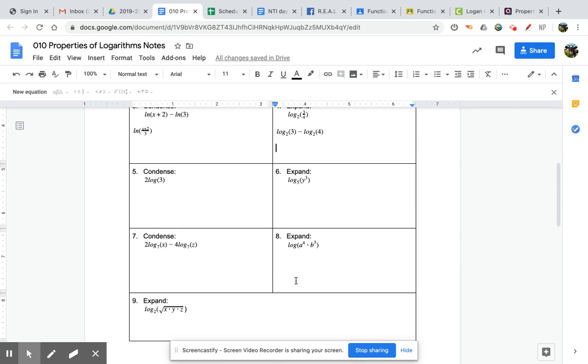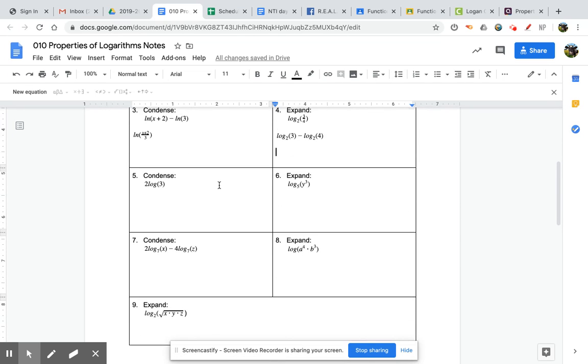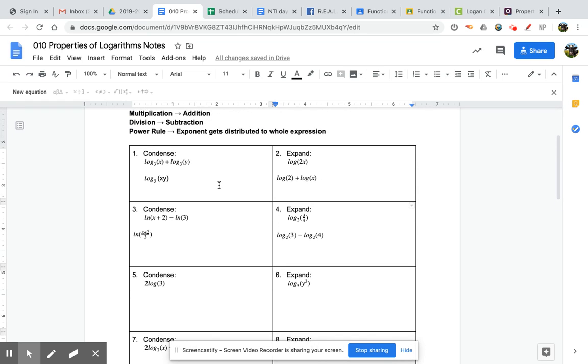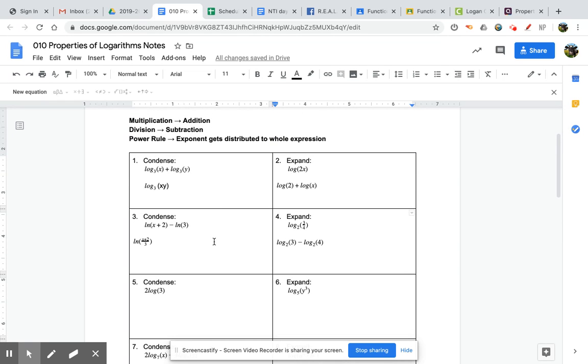Okay, number 5 is kind of our last exponent slash logarithm rule, and this one is what is referred to as the power rule. So if you notice right here, this 2 is being multiplied or distributed to the whole expression log of 3. Well, what's another way that I could write that, or how could I change that?